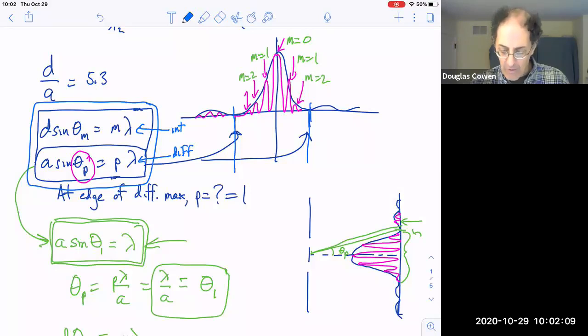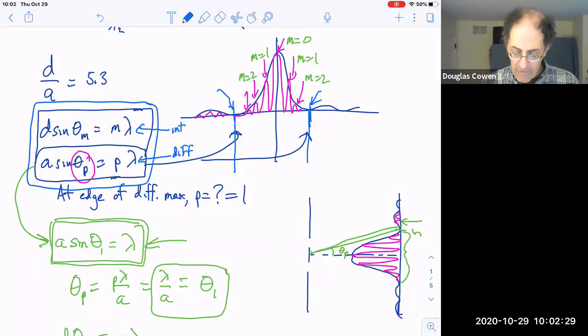So the diffraction causes there to be this overall envelope on the interference pattern, and the diffraction pattern experiences its first dark fringe at these arrows here, symmetrically around the central axis.